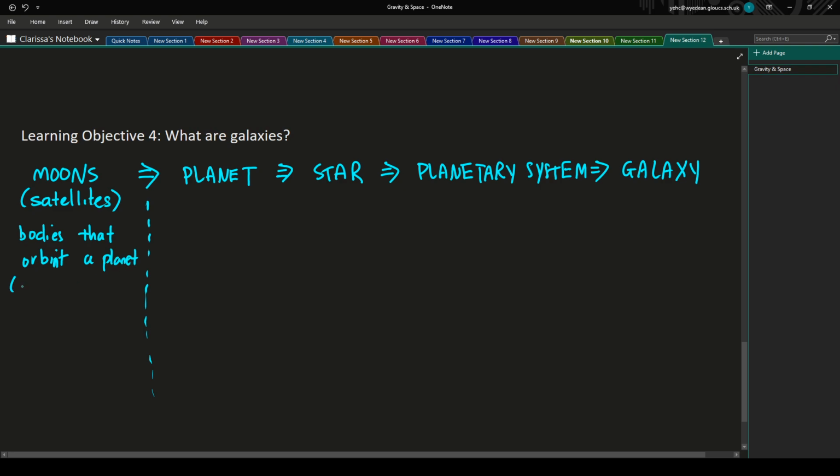And this could be either artificial, which means it's man-made, or it can be natural, such as the moon itself.